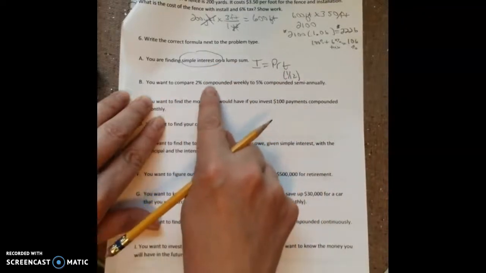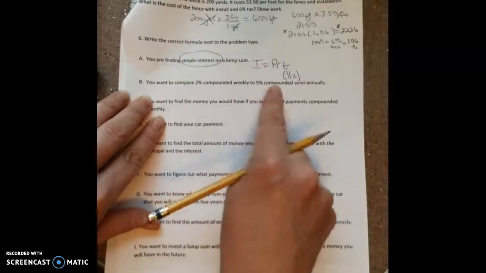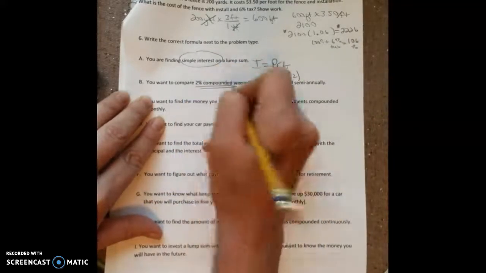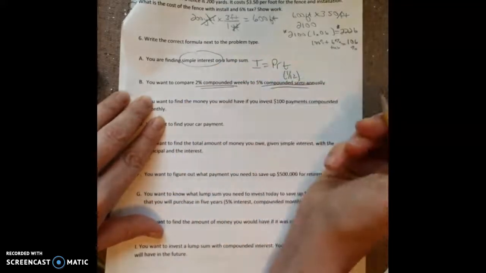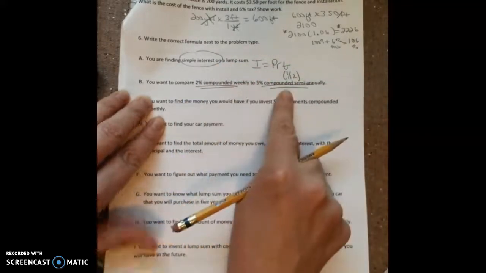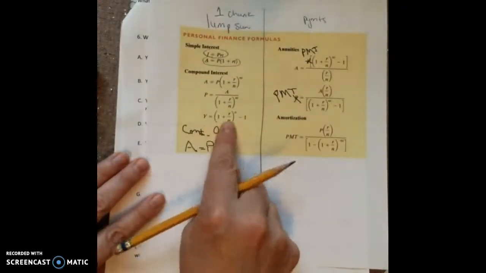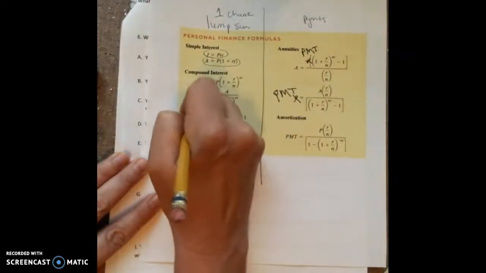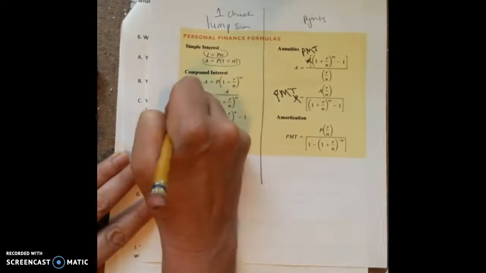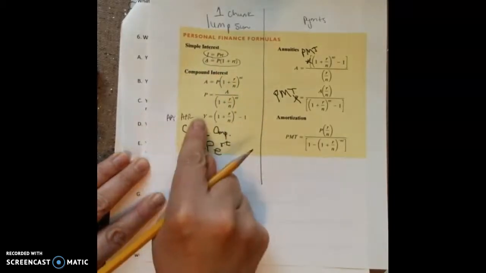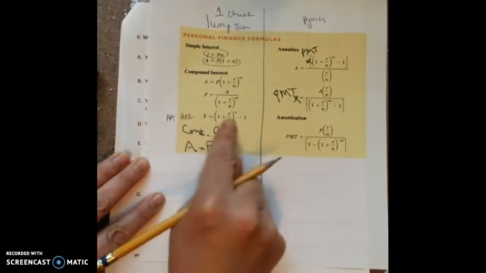You want to compare 2% compounded weekly. Notice there is no money in this problem. You are comparing interest rates. The only formula we have that compares interest rates is this guy. This is your APR or APY: annual percentage rate, annual percentage yield, effective rate, yield.